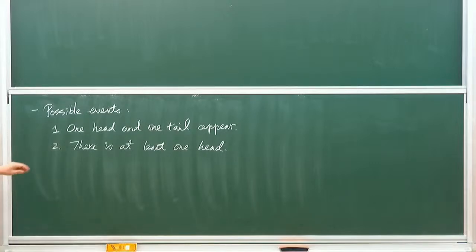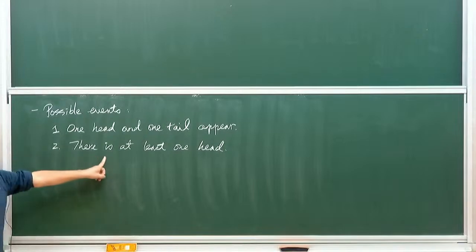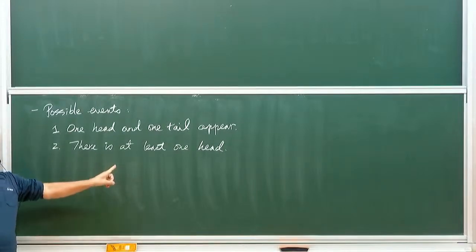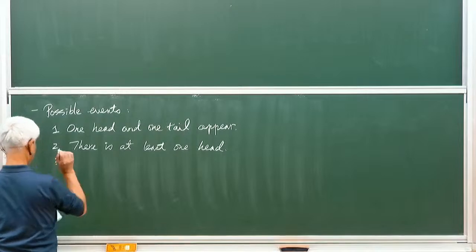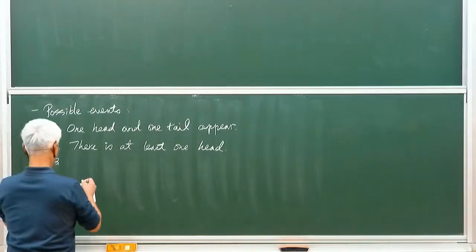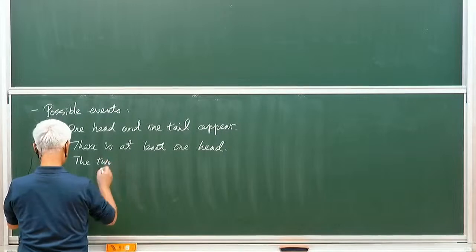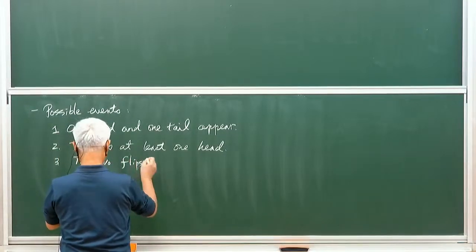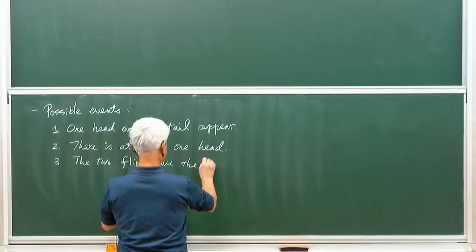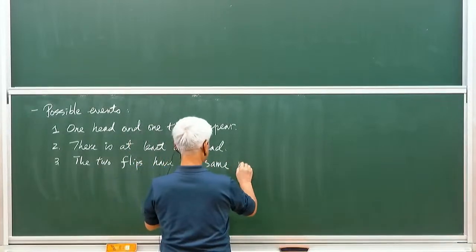And there is at least one head, which means that either this outcome occurs, or this outcome, or this one, but not this one, right? So 3 out of the 4 outcomes give you this event. Good question. The third one: the two flips have the same results.